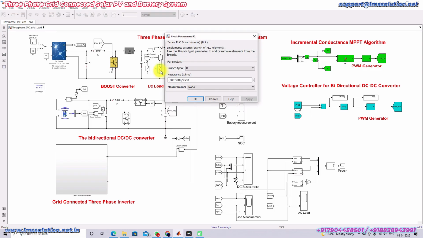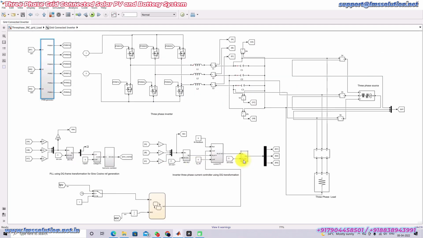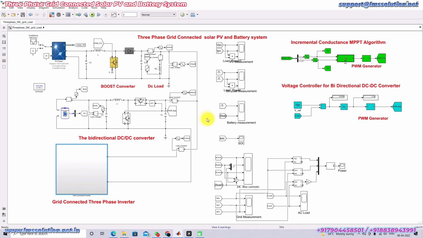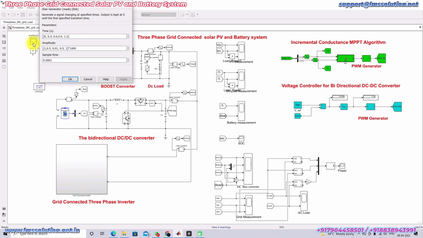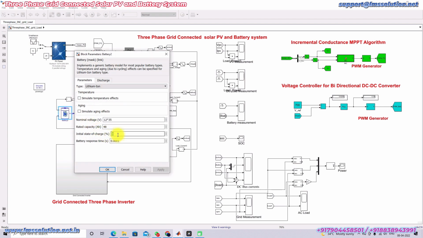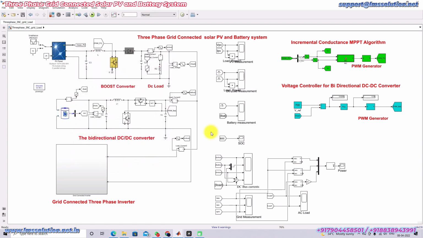So here the DC load is 2500. The AC load is 2 kilowatt. And here we are changing the irradiation every 0.3 second from 1 to 0.5, that means 1000 to 500, and then 10, and then it increases again to 500 and then 1000, every 0.3 second. Initially I'm going to fix the battery SOC at 50%, and then you have to check the results.